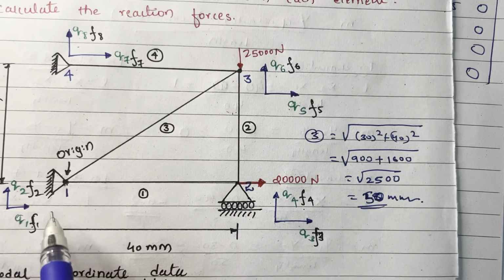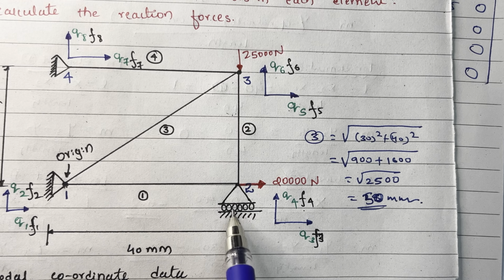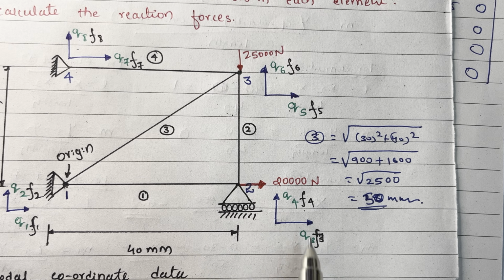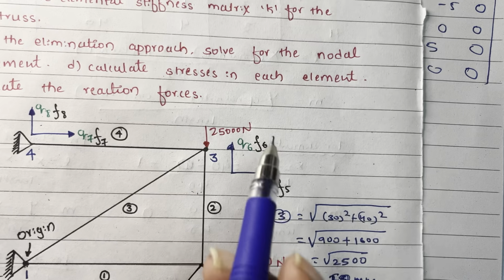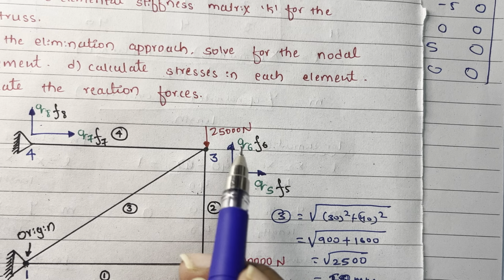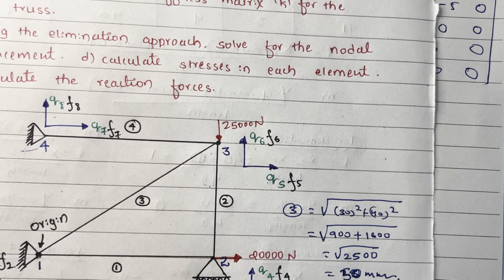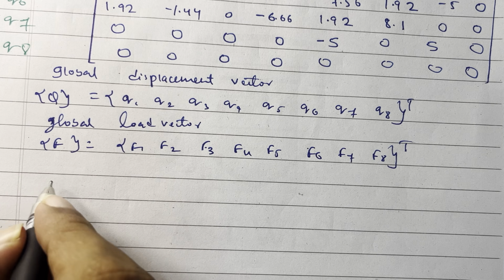If you consider the displacement, here it is fixed, in x direction also, y direction also, q1, q2 are 0, 0. Here we have a roller support. In x direction we need to calculate the displacement, we have to calculate q3, so here only q4 is 0. Here we have to calculate both q5, q6, and here it is fixed, so q7, q8 remain 0. Okay, so first we have to write the equilibrium condition.